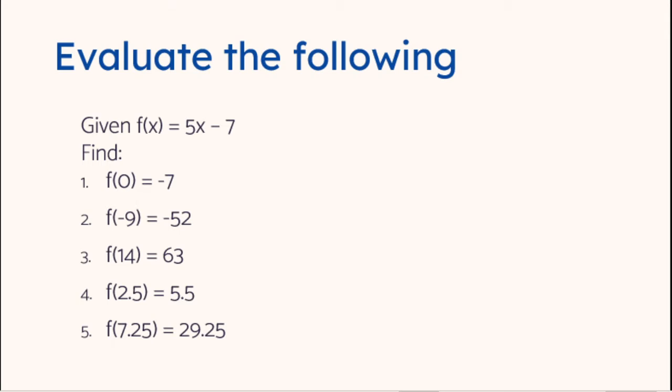So, learn from your mistake. Dapat -52. And number 3, f of 14 is 63. Damo man sa inyo naka-correct answer. So, sa mga nagsala sa 1, 2, 3, analyze nyo lang kung diin kamo nagsala. But this should be the correct answers.